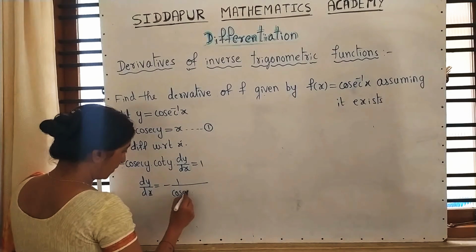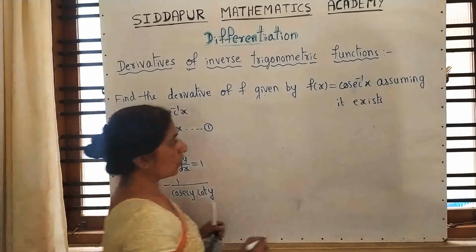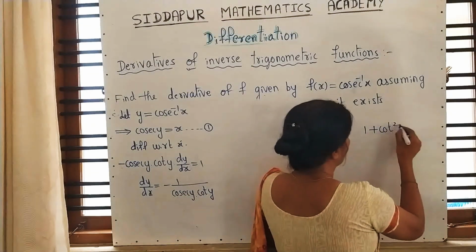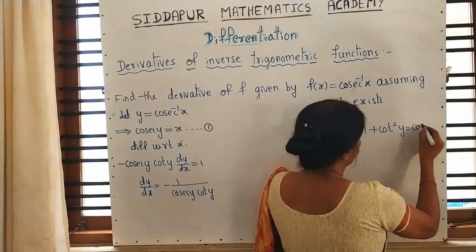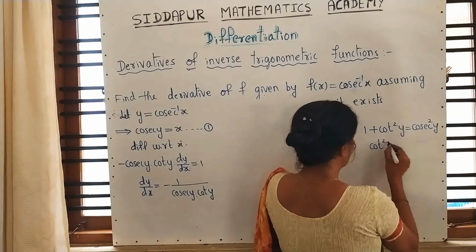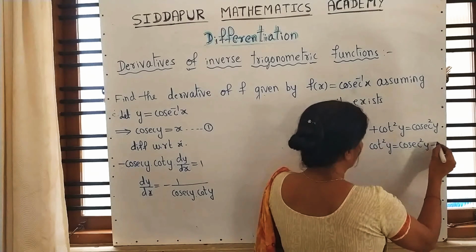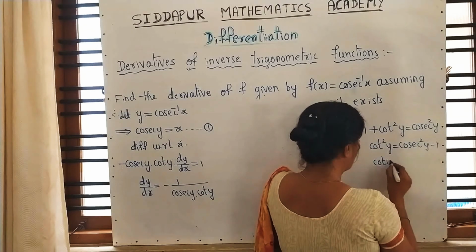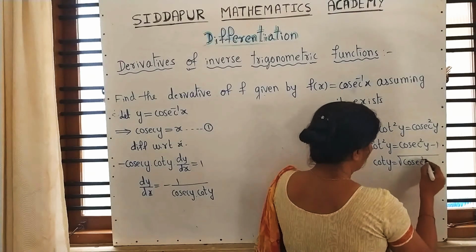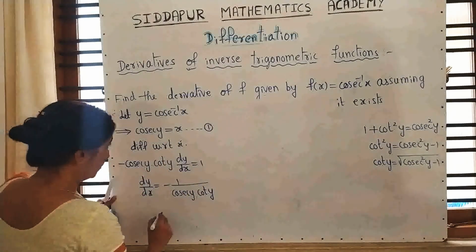Remaining all the steps are exactly similar to the previous. And convert cot in terms of cosec, and write down its value.